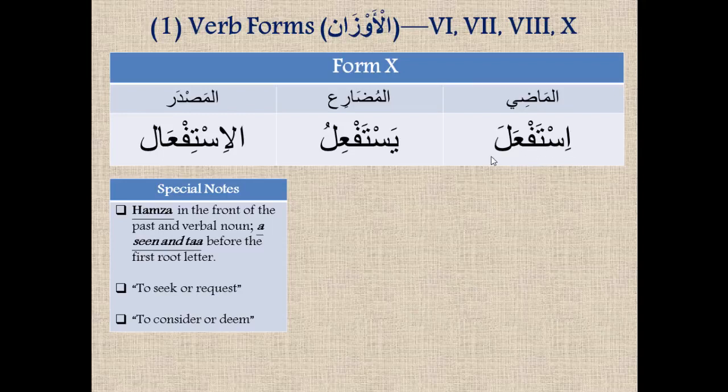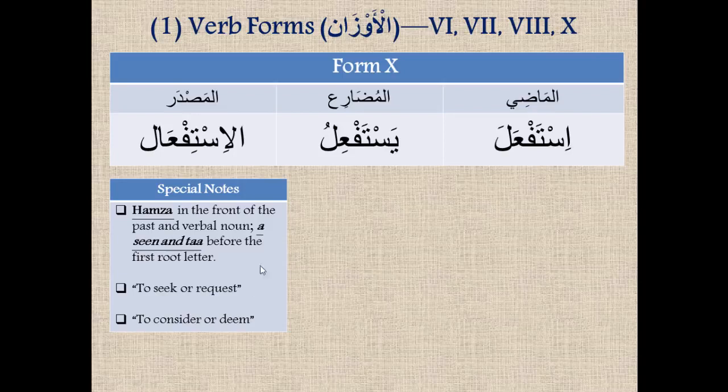Form 10 has a few different abstract meanings. Number one, to seek or to request, to do the form 1 meaning. To seek or to request. So an example would be istakhara yastakhiru al-istikhara. Istakhara means to seek khair, to seek goodness.